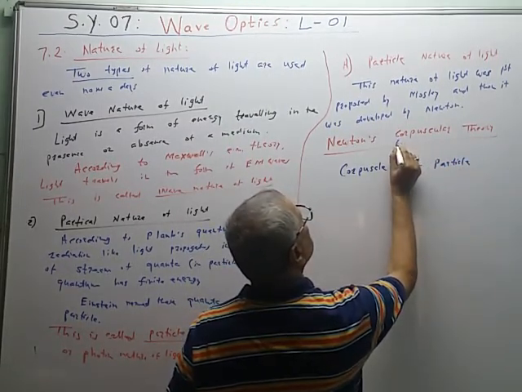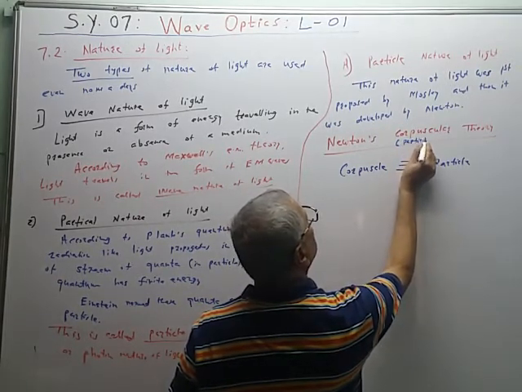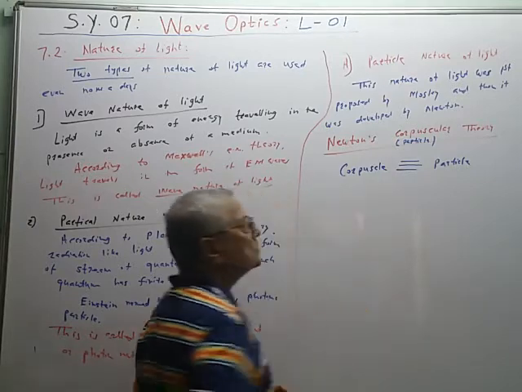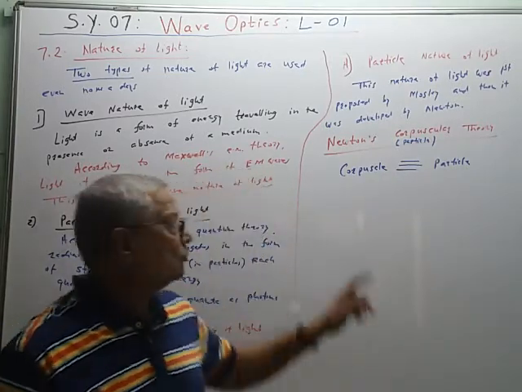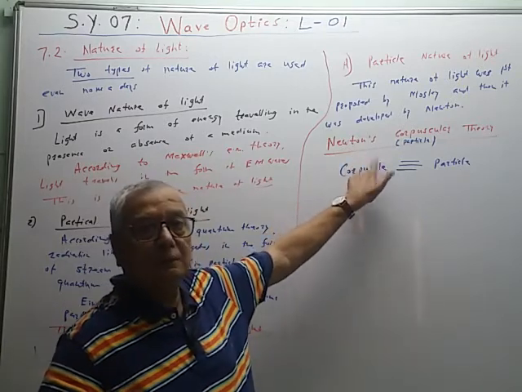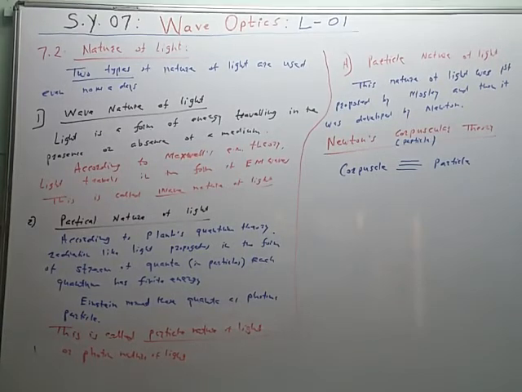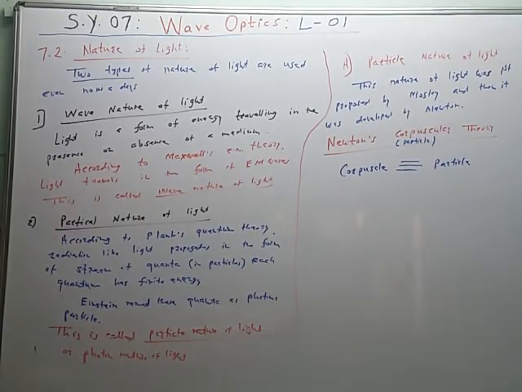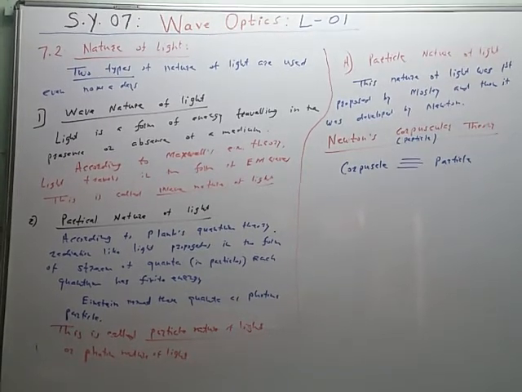It is also called Newton's particle theory or Newton's corpuscular theory. So let us see this Newton's corpuscular theory in detail. What are the suggestions made by Newton and how he was able to explain some phenomena of light, that we have to see.